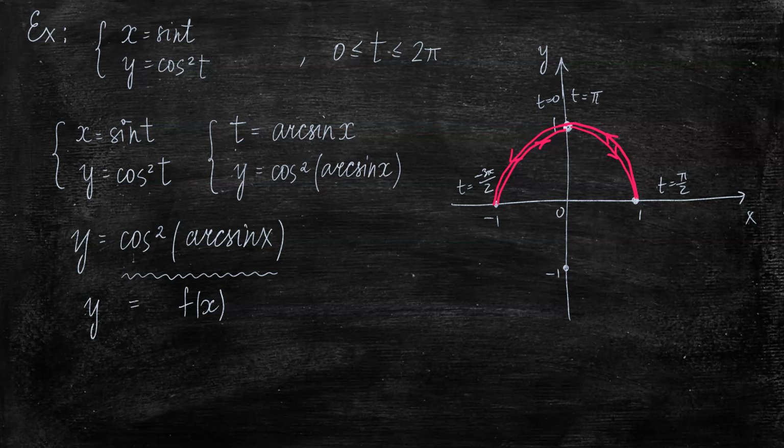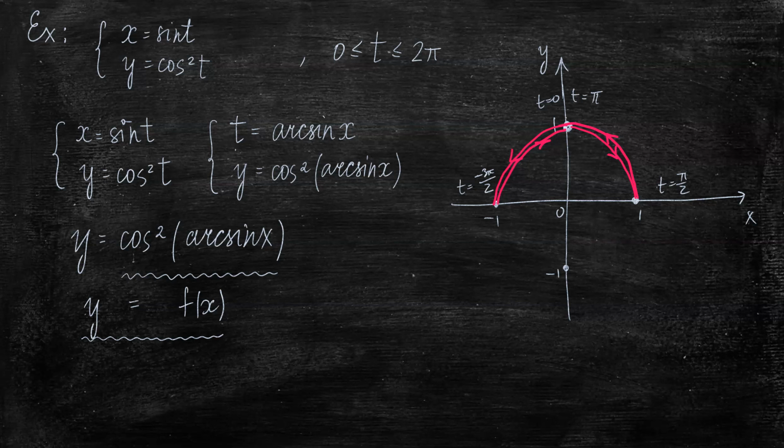And why is this an advantage, or where can we go from here? This is an advantage because we are more familiar with functions given to us this way. We studied a lot of functions in trigonometry and algebra or pre-calculus, so we are trained to recognize and graph functions given to us in this form.